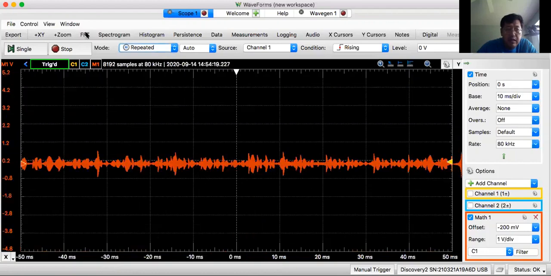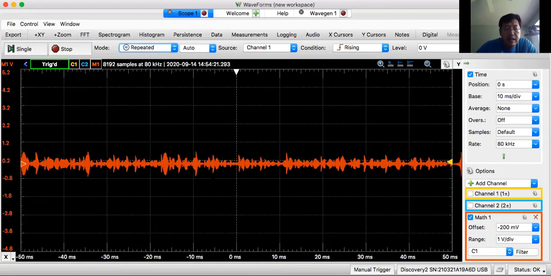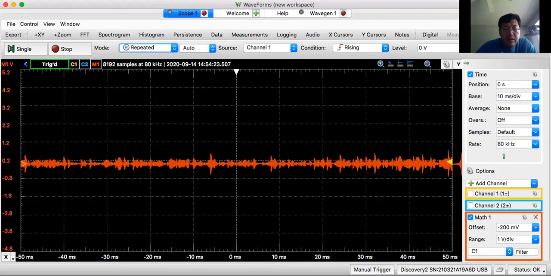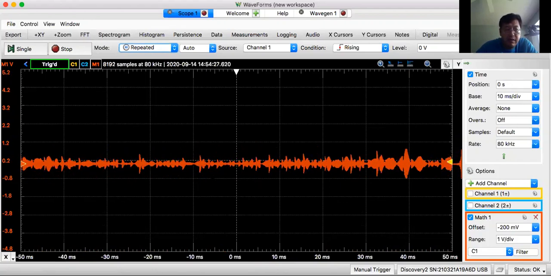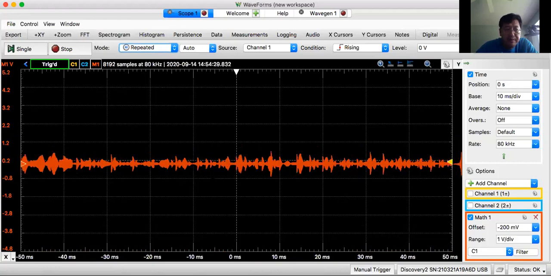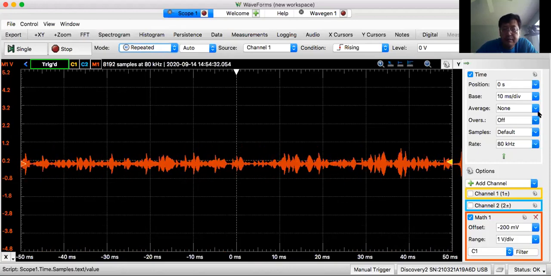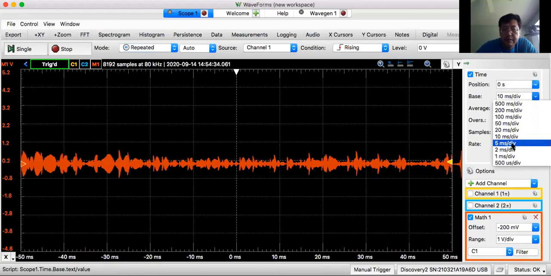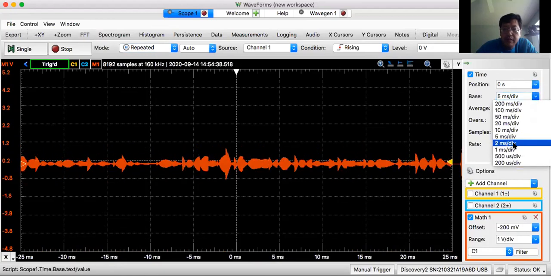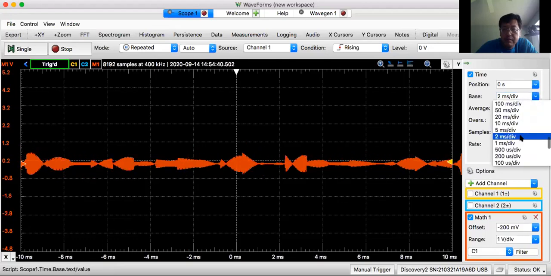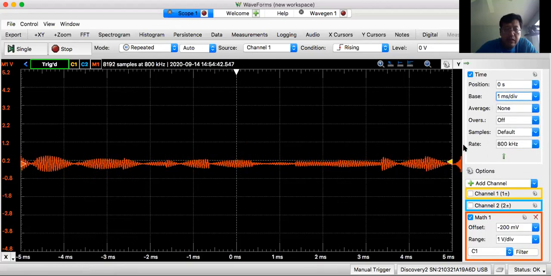Let's look at what the double sideband looks like in real time. So this will be the signal sent out to the antenna. That's DSB. Yeah, that's my DSB. That's what the DSB looks like.